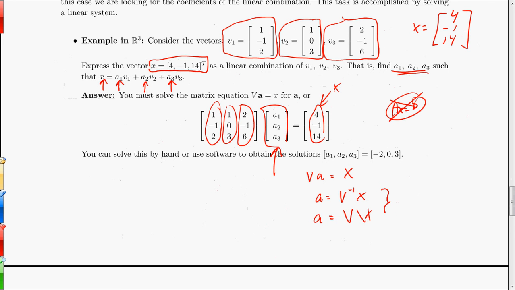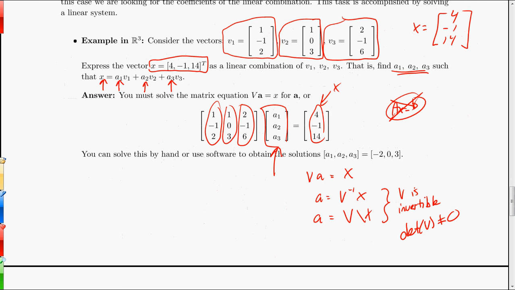But in order to do this, or even write it, I should at least put this, provided V has an inverse. Or V is invertible. And as we saw from the last chapter using our super theorem, that means the determinant of V cannot equal 0.